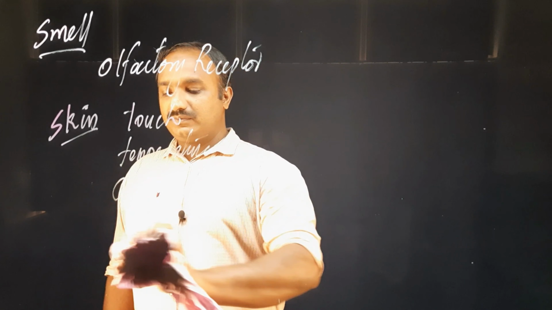Then, step by step, the component responsible for smell is called the aromatic component. The aromatic component will diffuse in the air, then enter into the nostril and mix in the mucus of the nasal cavity.